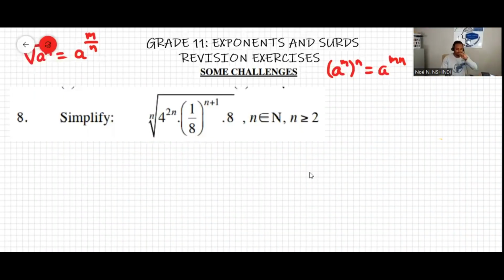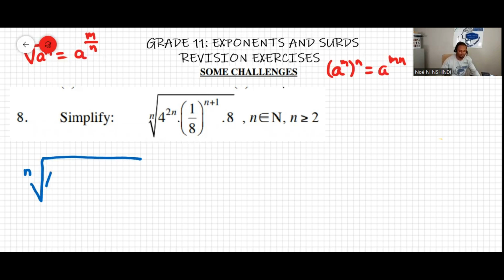Well, question 8 says simplify this expression given that n is a natural number greater than or equal to 2. So in this case, we have the nth root of this expression. 4 can be written in terms of its prime factor as 2 squared.